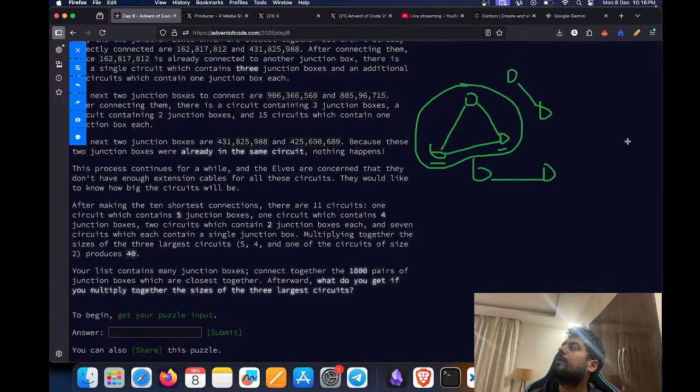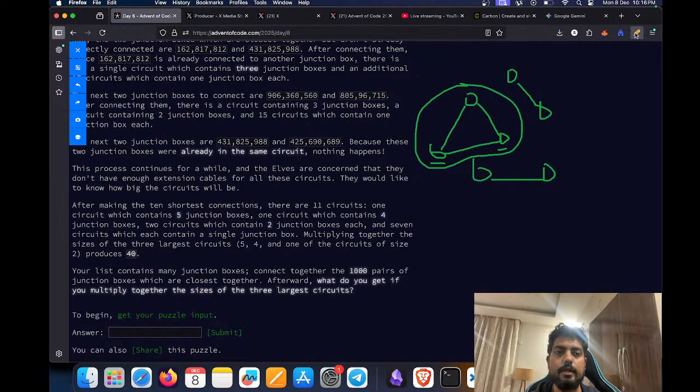Maybe we can have a heap of size 3 and keep pushing the maximum 3 elements, or we can simply sort them all and take the top 3. I think that would be even easier.